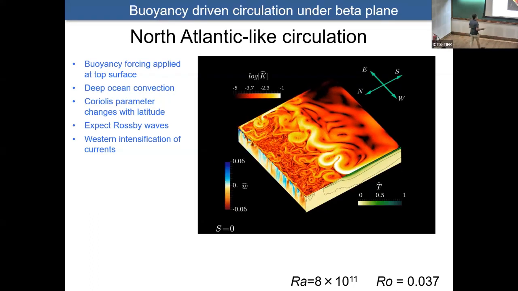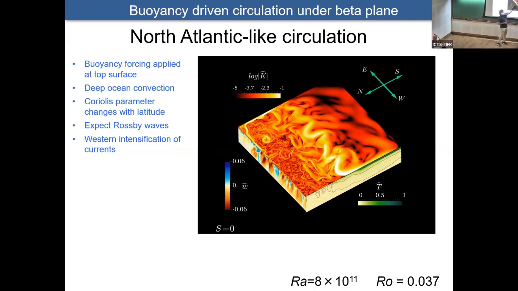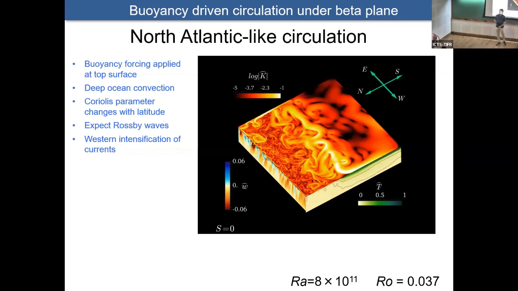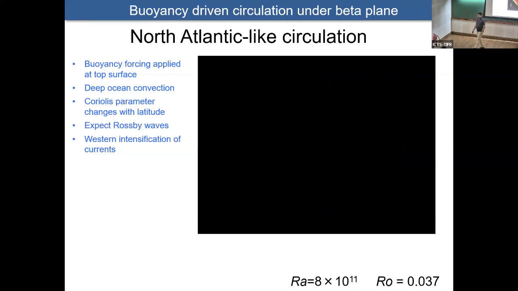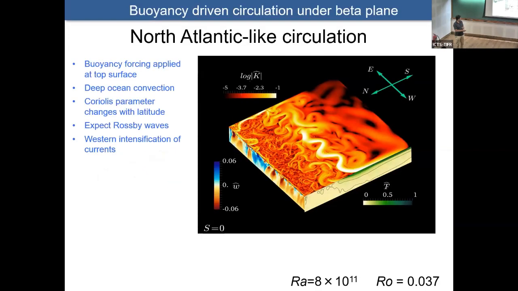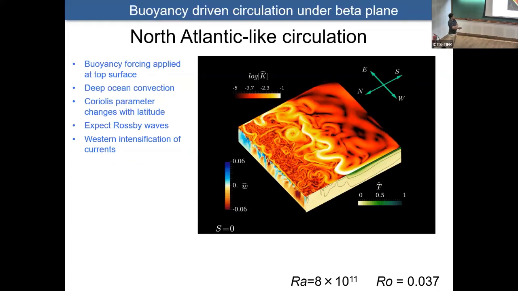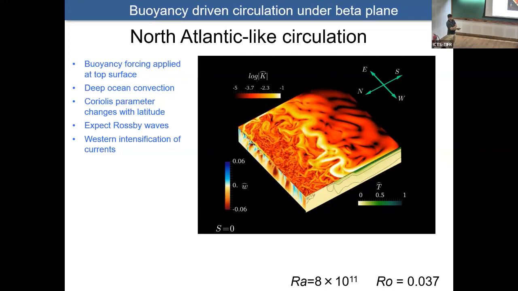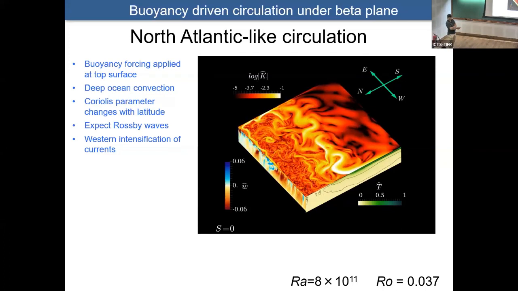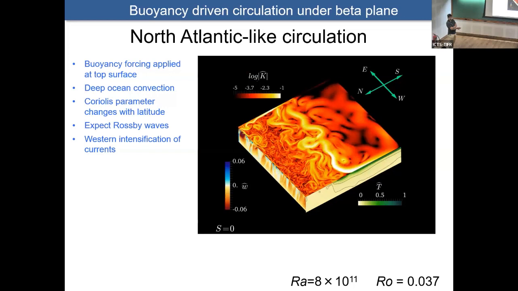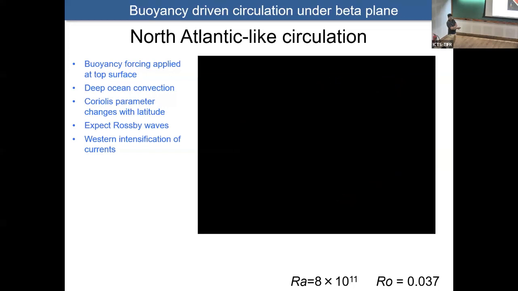Okay, this is my last movie. So here we force this system. Now there is another level of complexity. We use a beta plane instead of just the rotation. We close the domain. What we see here, you see this is a boundary current, and the boundary current is moving east to west to east, and then the whole boundary current is sinking.